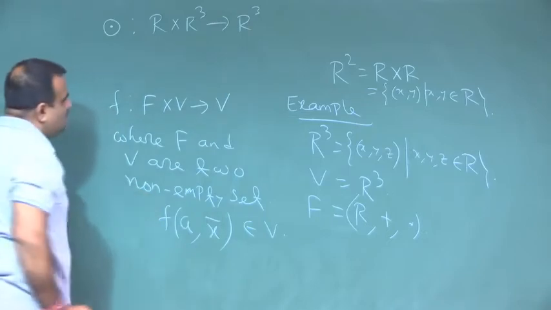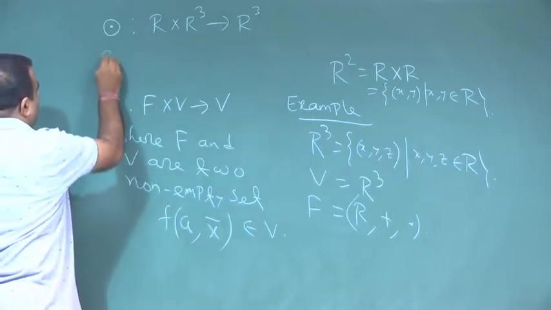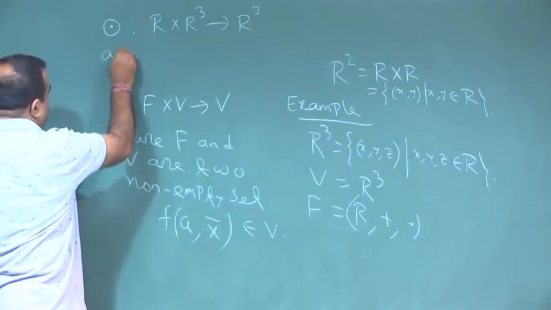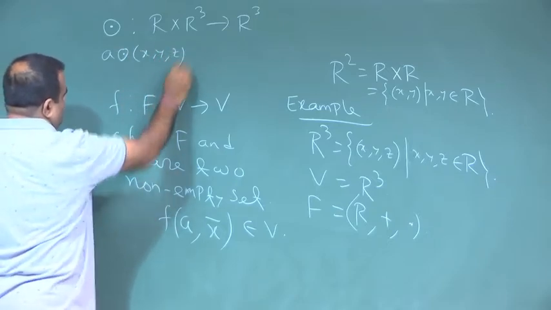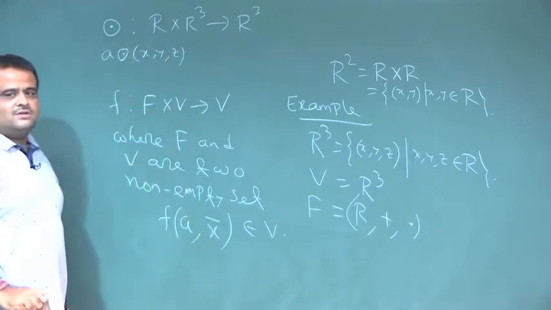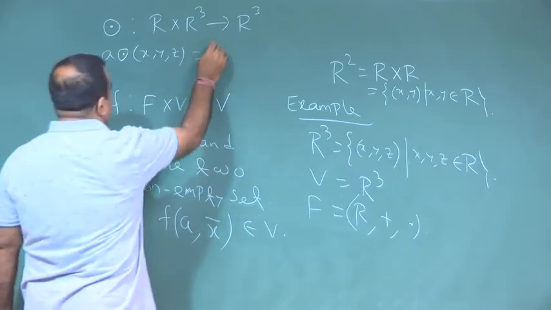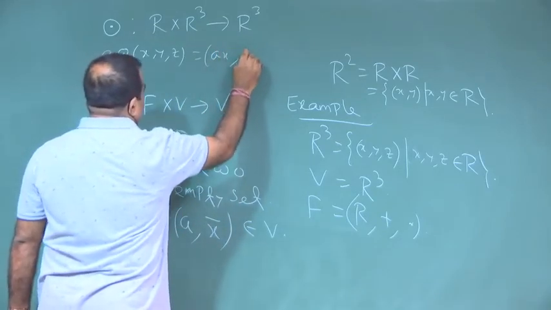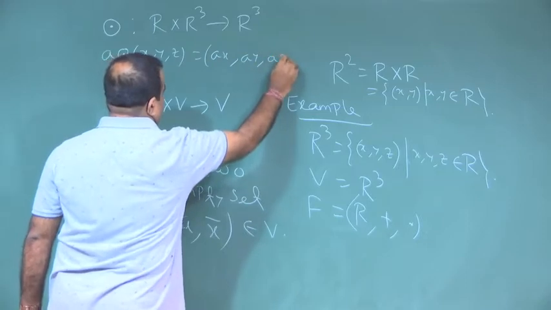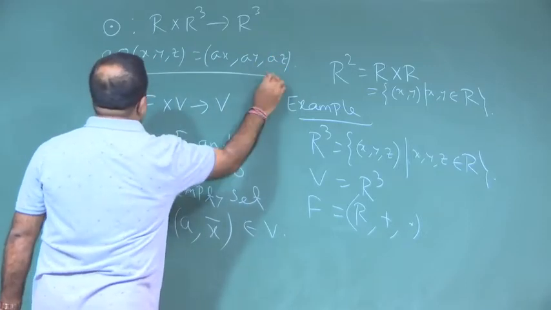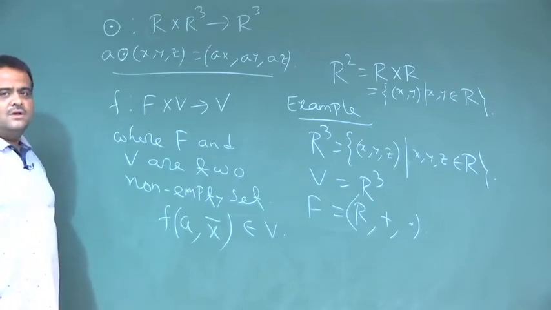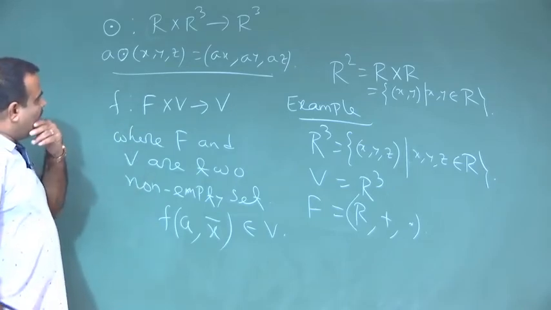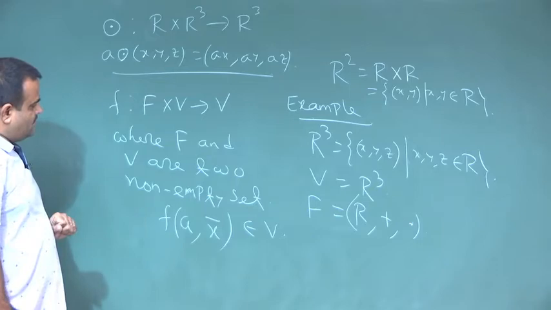How do we do that? We take a and we take a vector x, y, z, which is a 3-tuple. So, this is nothing but ax, ay, az. This is an example of an external operator, or external composition.